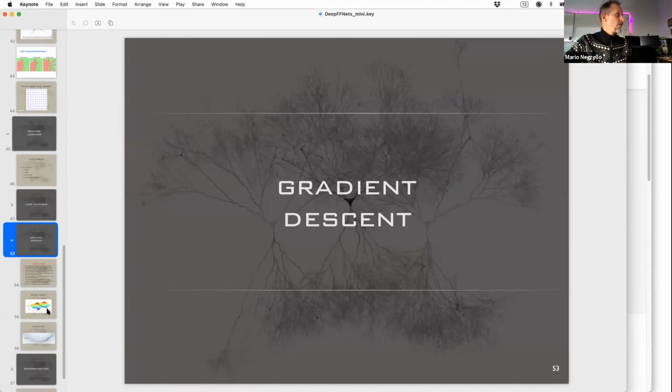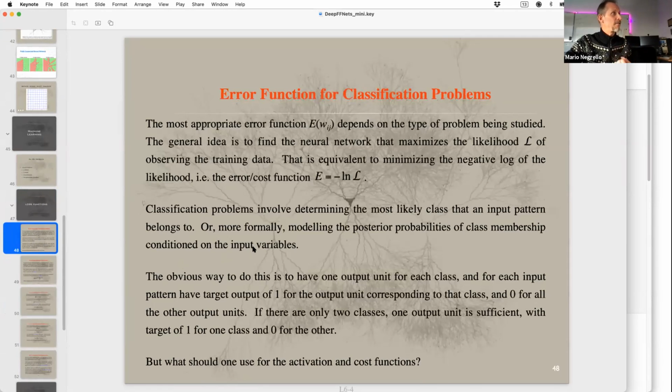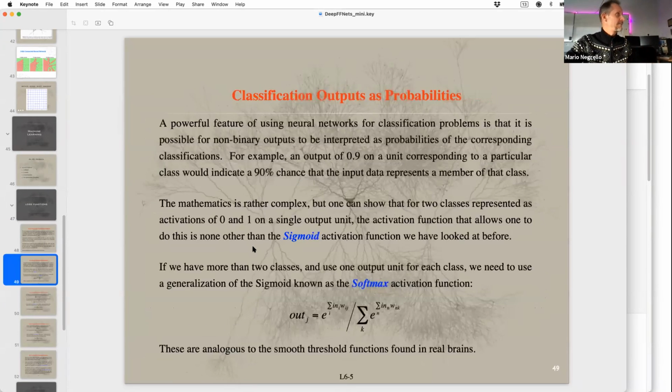So we're talking about having an error function. There are many kinds of error functions. I'll put them in the slides so that you can read about them later and maybe find some links here and there.